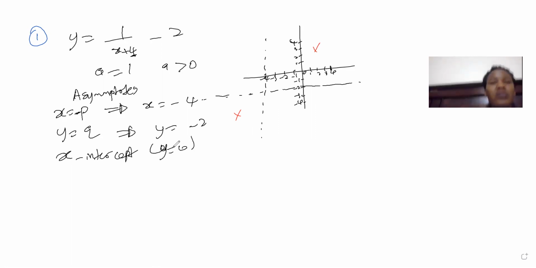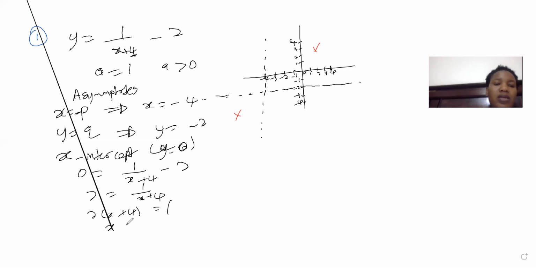Let y is equal to 0. So 0 is going to be 1 over x plus 4. It's 2. Then 2 to be 1 over x plus 4. Let's cross multiply. 2 into x plus 4 is equal to 1. Then divide by 2.